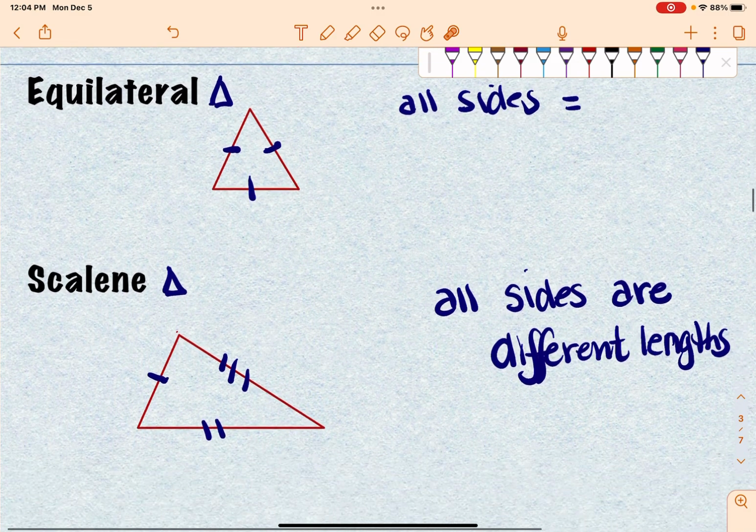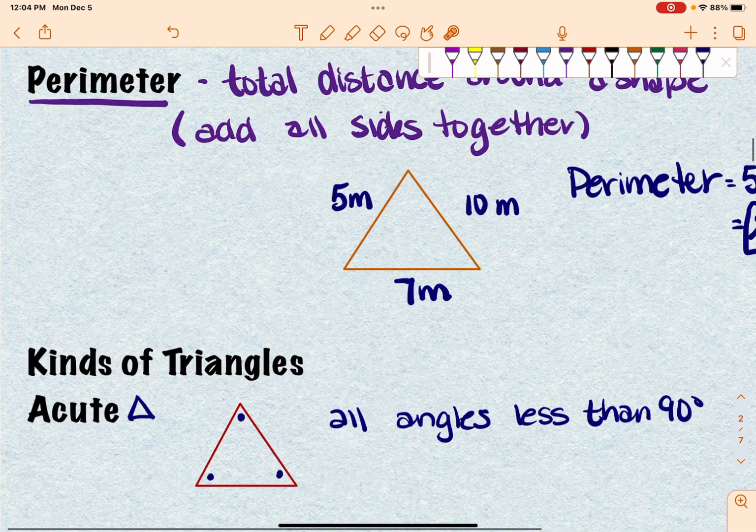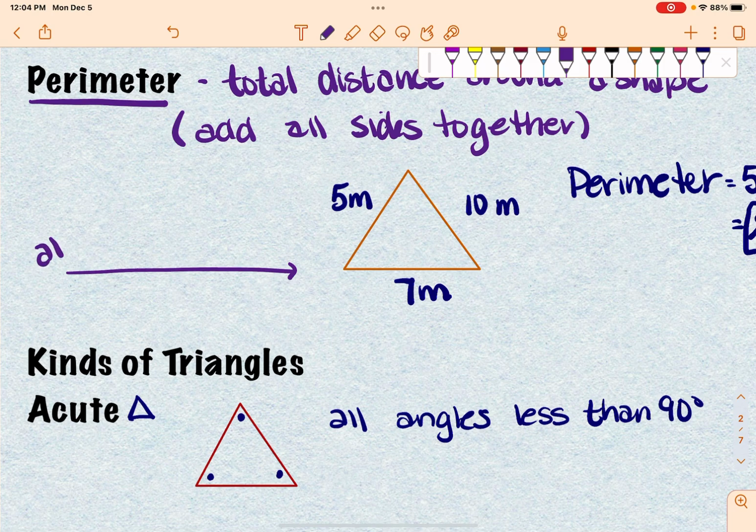Okay, now, the one other piece that I want us to talk about, at least for a little while, let's go back and talk about a triangle back here and talk about its measurements. So all triangles are going to equal 180 degrees when you add them together.